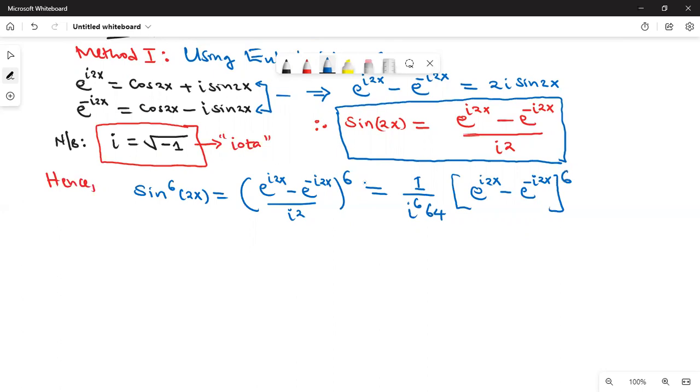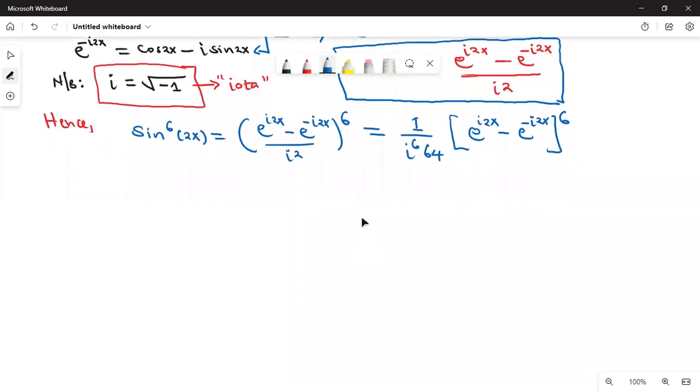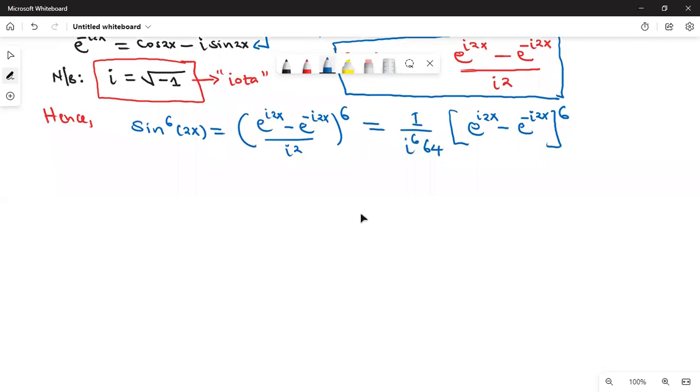Remember the binomial expansion of a minus b raised to 6?